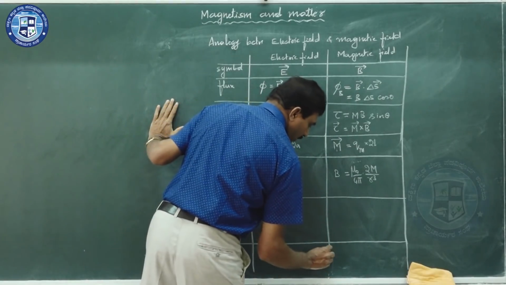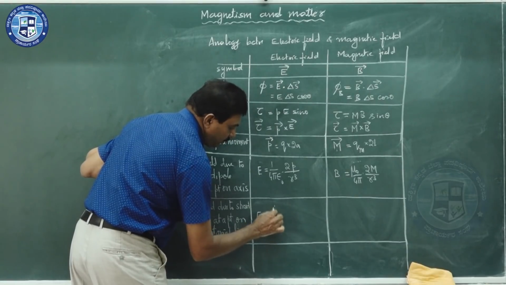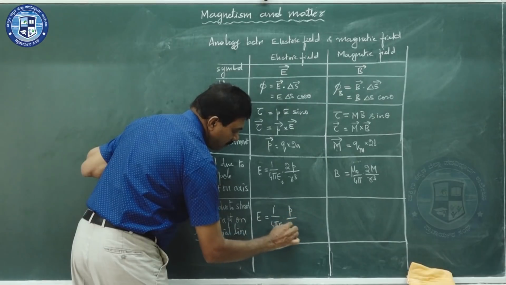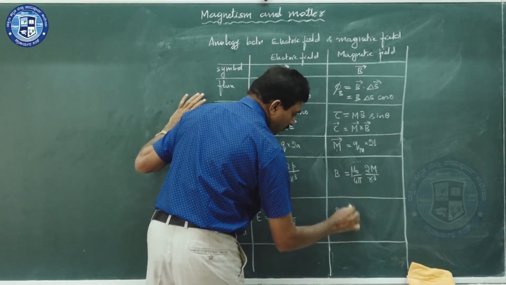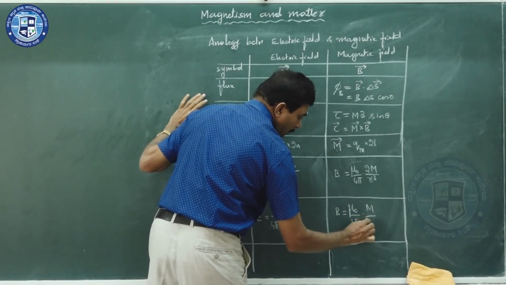What is the formula to be written here? On the equatorial line, what is the formula for electric field? 1 by 4 pi epsilon naught into p by r cube. What is the formula for magnetic field? Mu naught by 4 pi into m by r cube.